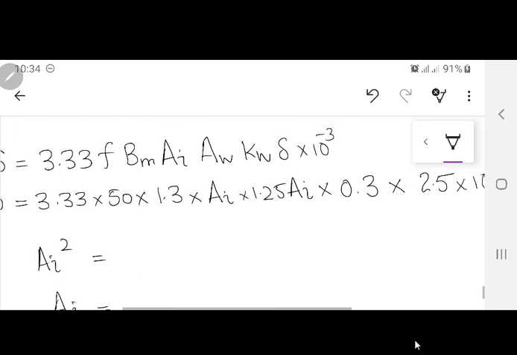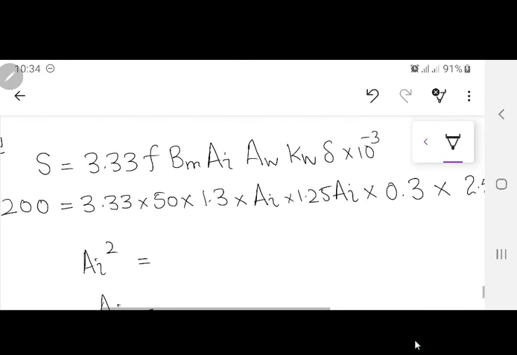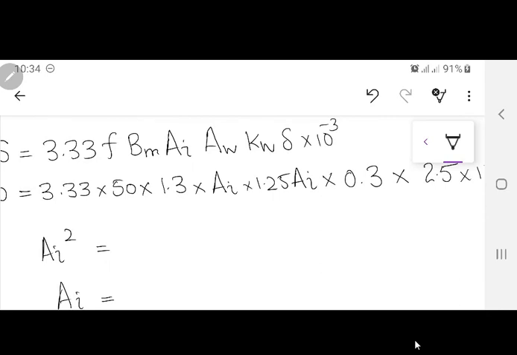So this is 200 on this side, and this is 3.33 into 50 into 1.3 into 1.25 into AI square into 2.5. AI square is 9.856 into 10 raised to power minus 4.